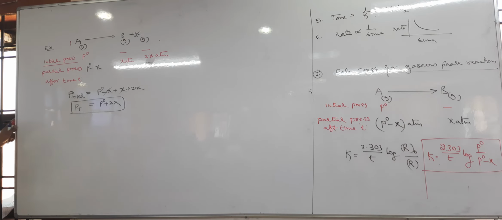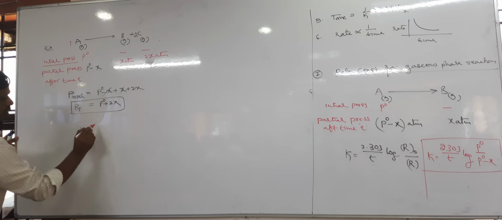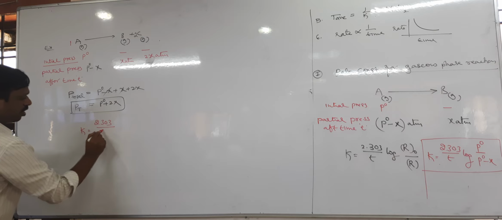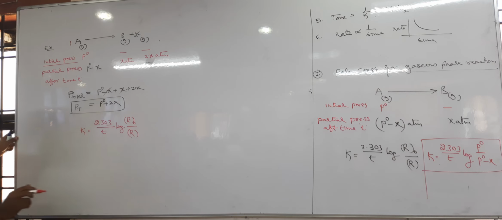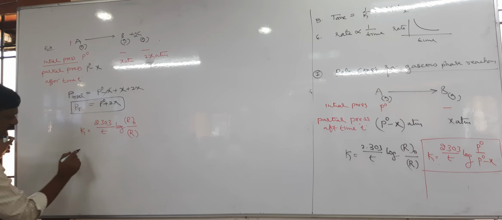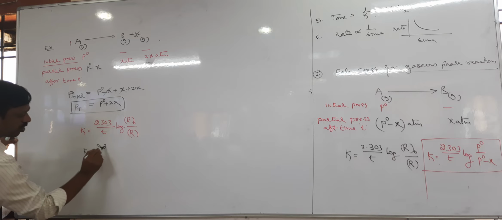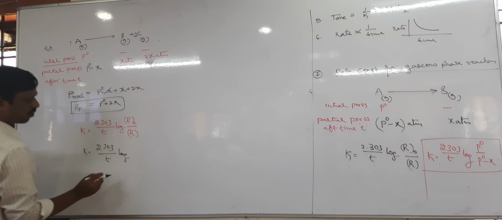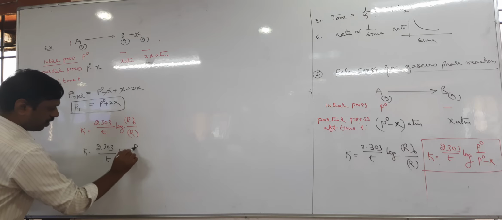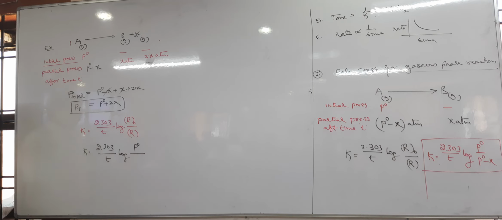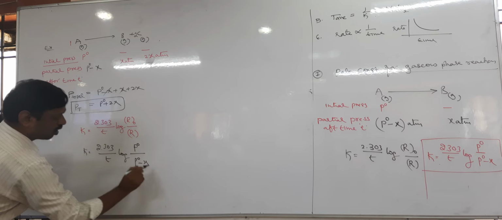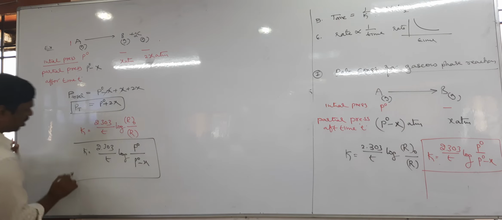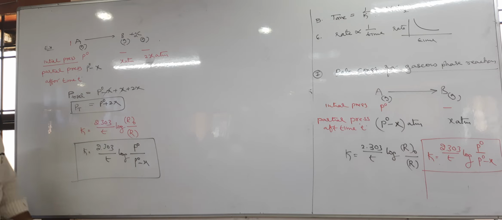The total pressure of this gaseous mixture is P naught minus X plus 2X, so P total is P naught plus 2X. Now, what is the rate constant? K equals 2.303 by T log of initial concentration by concentration of reactant at time T. In R naught's place you can write P naught, and in place of R we write P naught minus X. If they give the X value you can calculate.